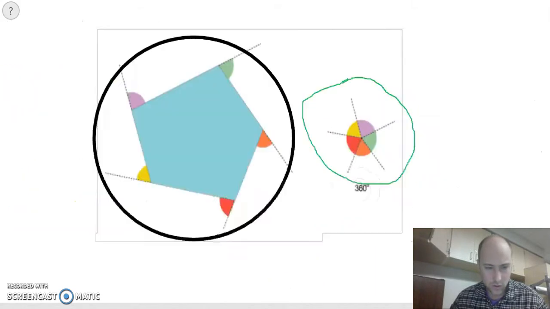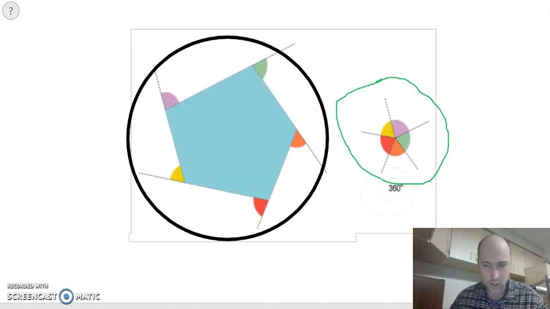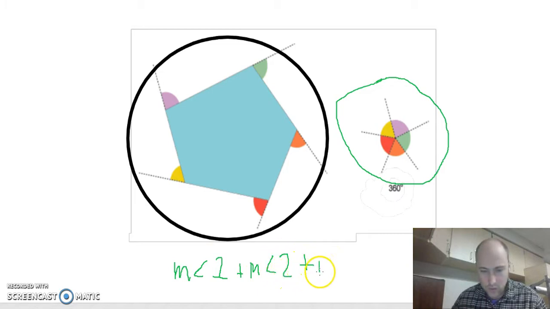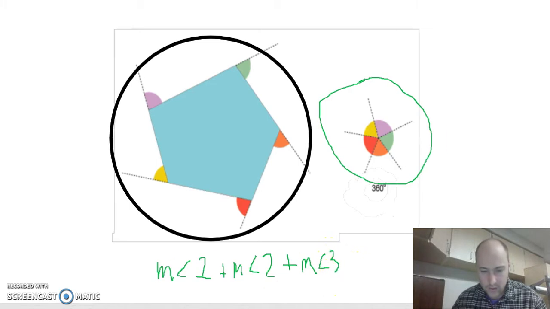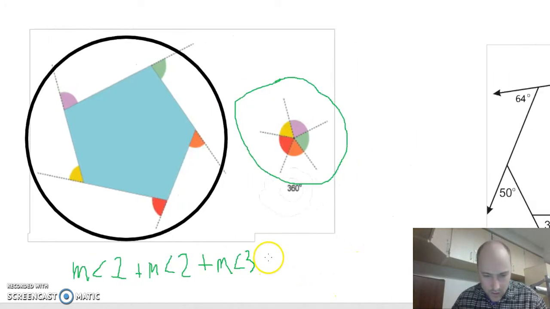So let's write down what the theorem looks like. No matter how many angles we have, let's say measure of angle 1 plus measure of angle 2 plus measure of angle 3, and so on and so on. This could go on for as many exterior angles as we have, so we're going to say plus measure of angle n. A lot of times we'll throw a dot, dot, dot in there.